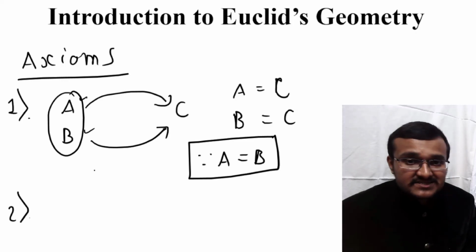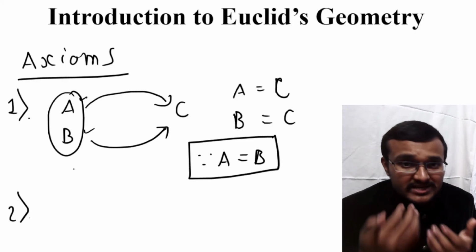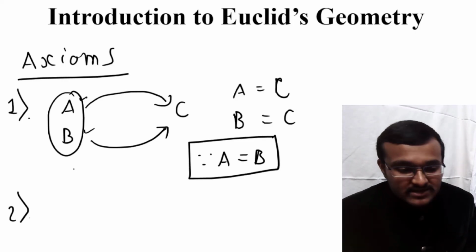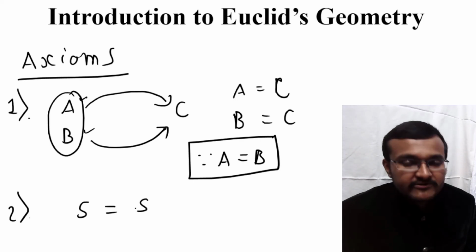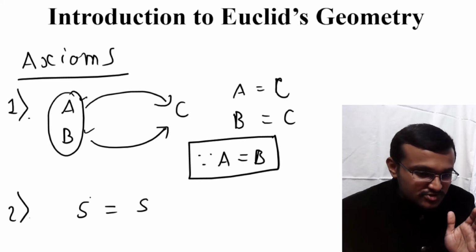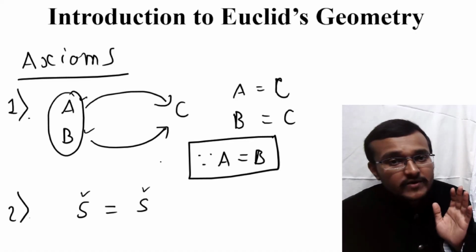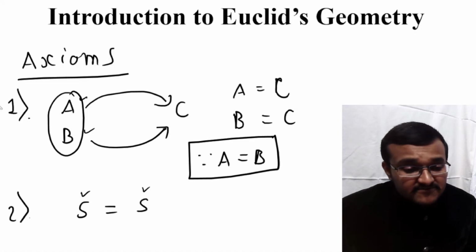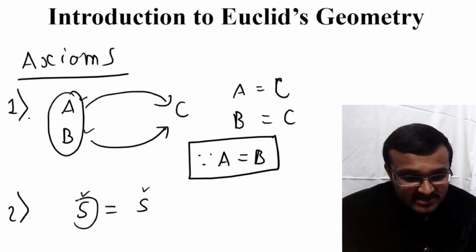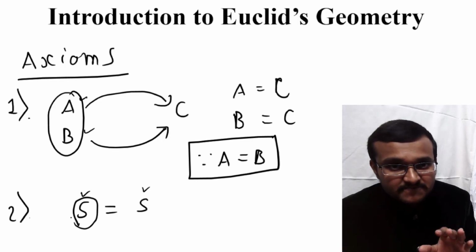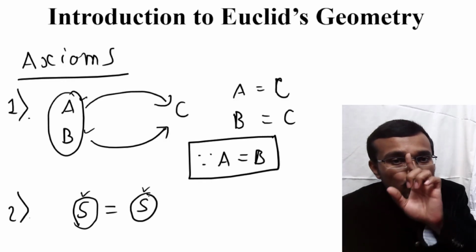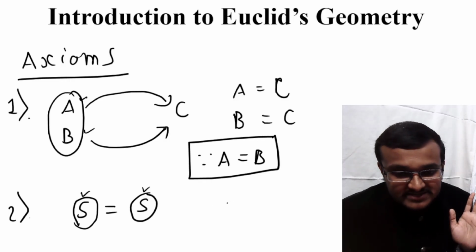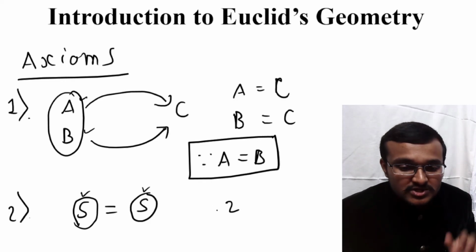In the second axiom, if equals are added to equals, then the wholes are equal. For example, you have phi is equal to phi, so in LHS you have phi and in RHS you have phi. To the phi in LHS and the phi in RHS, you add one equal term, let's say 2.